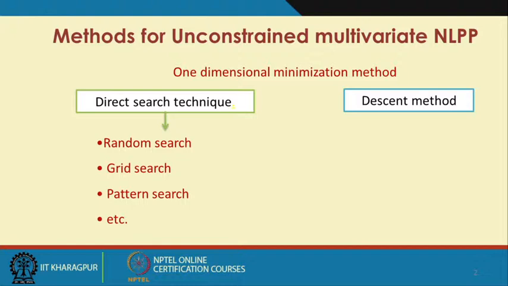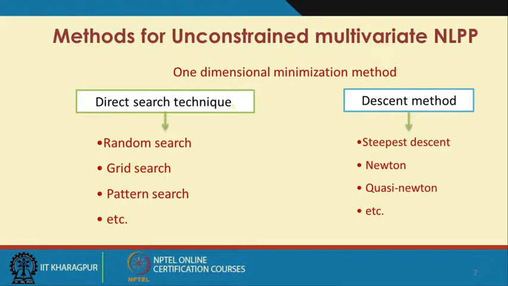Now, I will start my classes with the direct search technique, and give you some idea how we deal with it. There are again different techniques available: random search, grid search, grid walk, then pattern search, that is Powell's method, and a few more like that. I will not cover all the methodologies in detail, but I will show you a few, one by one, and how they work for a multivariate nonlinear programming problem.